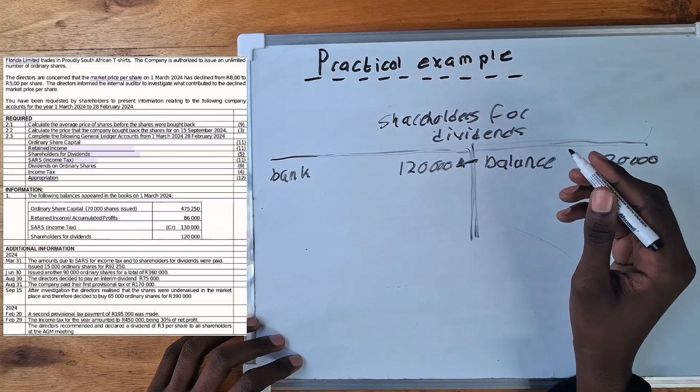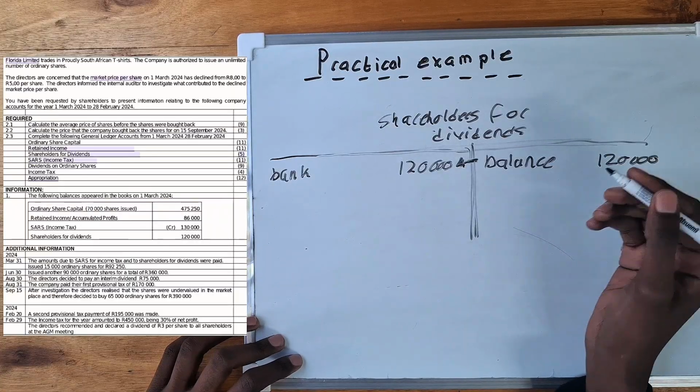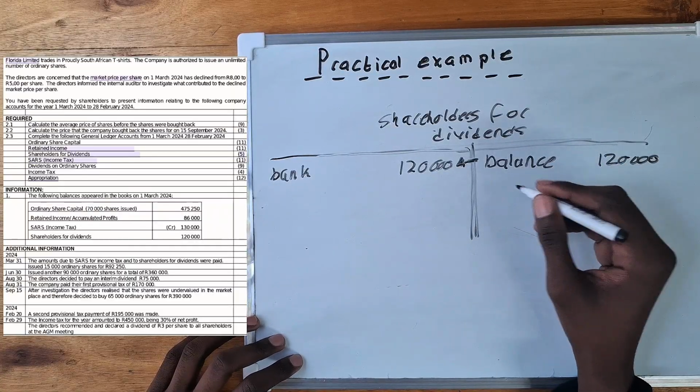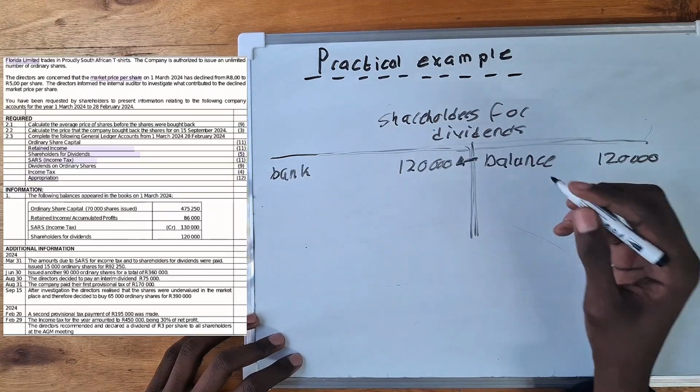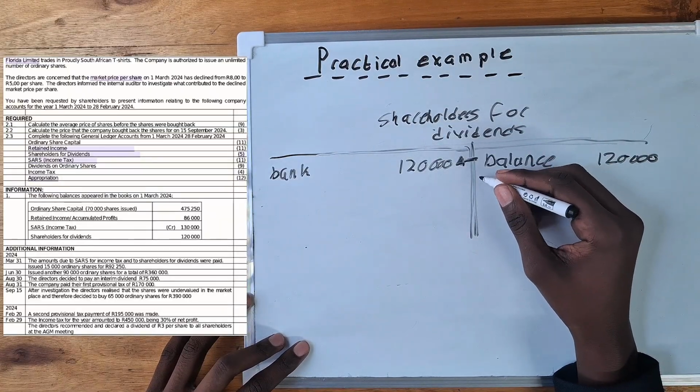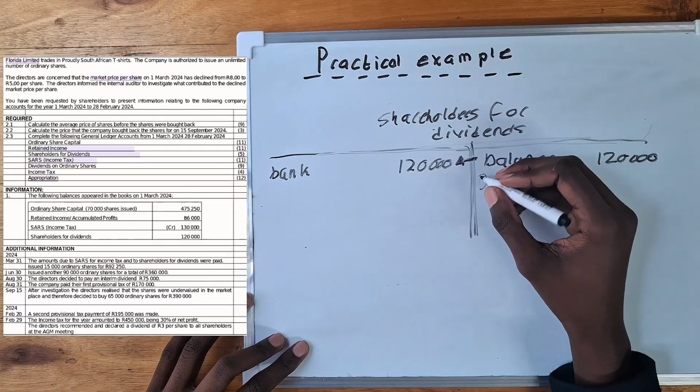And then now we are going to write the additional final dividends that were paid, which was the 330,000, which we calculated in the previous one. So here, all you need to do is to write dividends on ordinary shares, right?